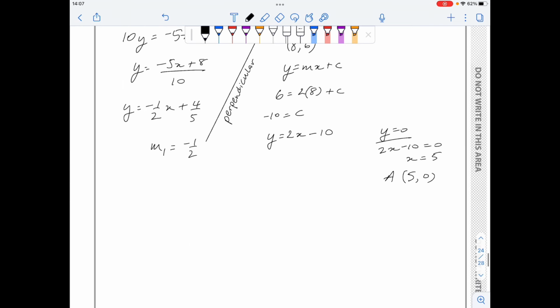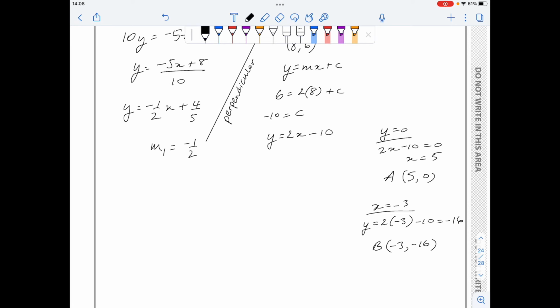Now I'm also given that L2 intersects the straight line with the equation x equals minus 3 at point B. So when x is equal to minus 3, y comes out to be 2 times minus 3 minus 10, which is equal to minus 16. So B has coordinates (-3, -16).